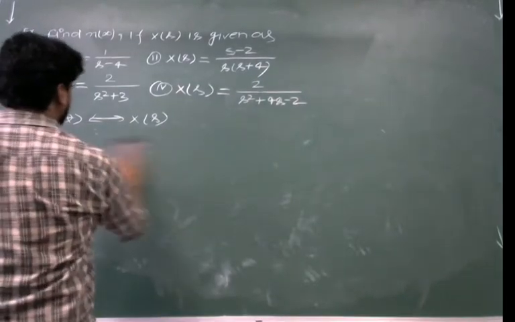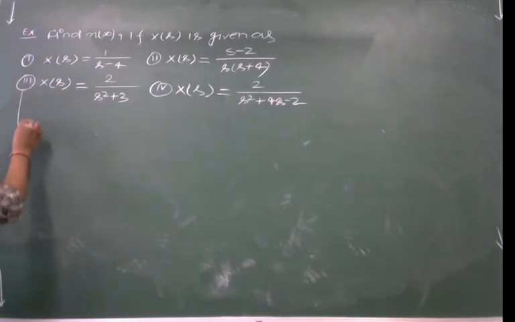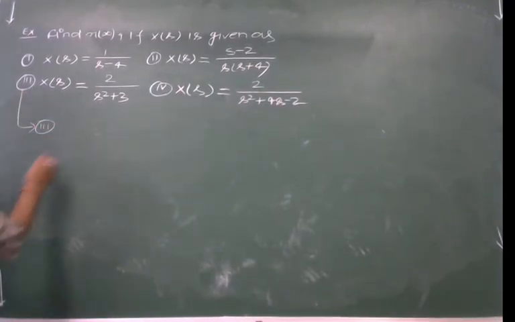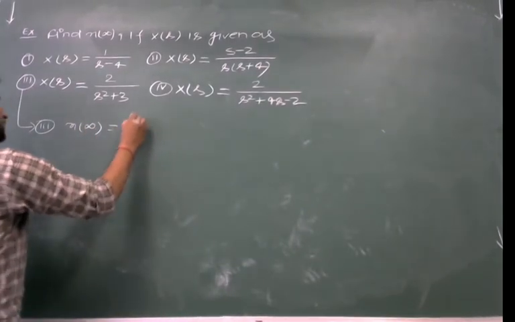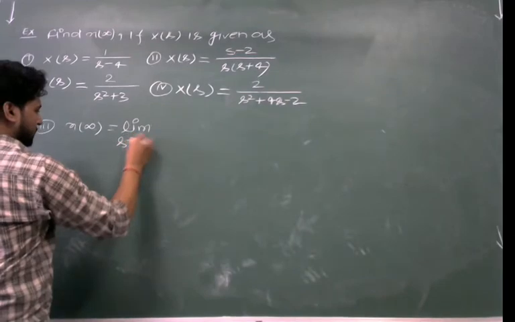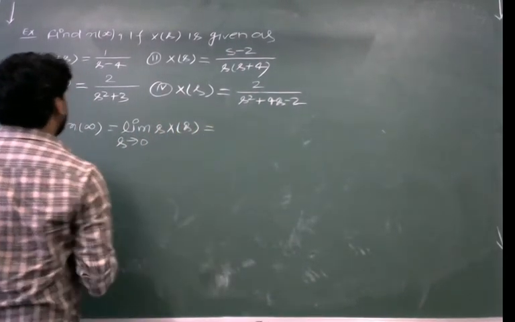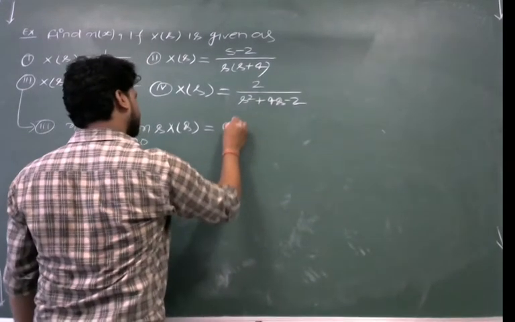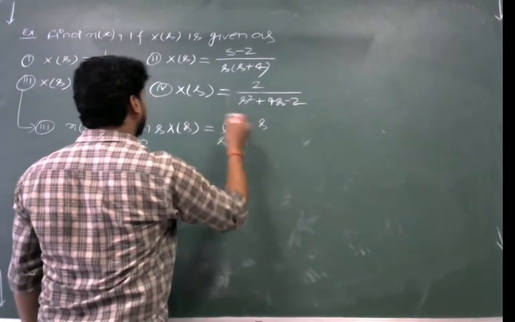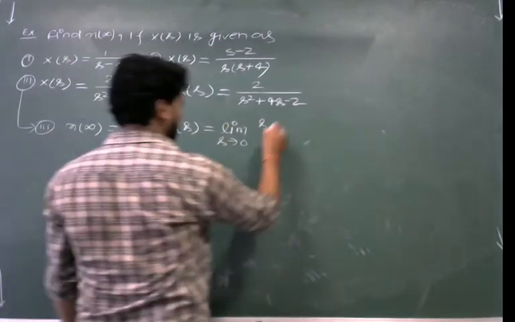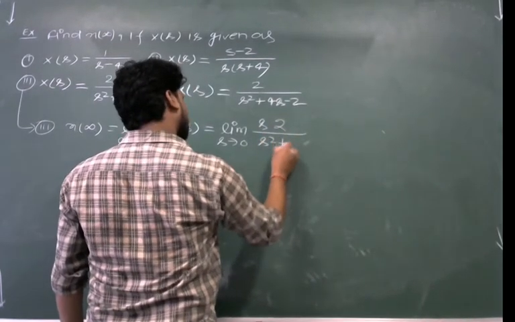So by using the final value theorem, we can find the final value of equation 3 as x of infinity equal to limit s tends to 0 of s into x of s, and this will be equal to limit s tends to 0 of s into 2 upon s square plus 3.